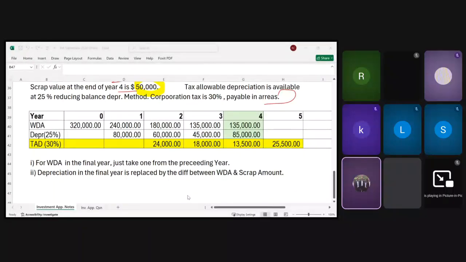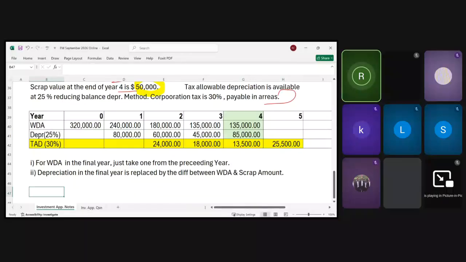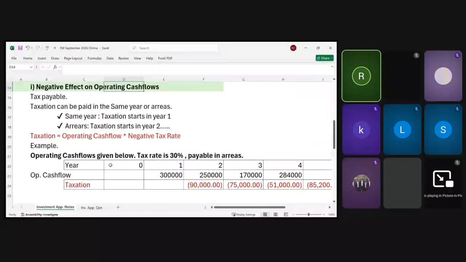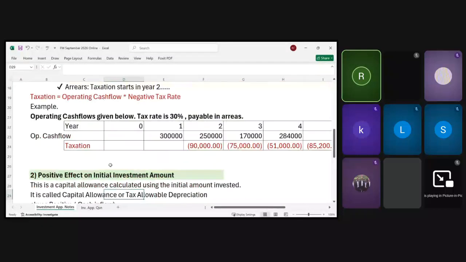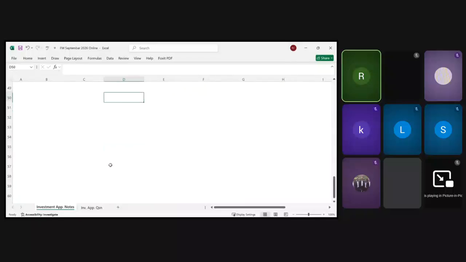Okay, thank you. Let us look now at the next item. We have done taxation. Now let us look at effects of inflation. Since we want to invest into a project, there is no economy without inflation.